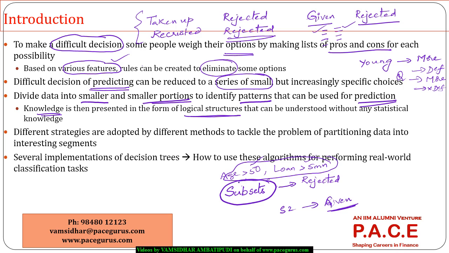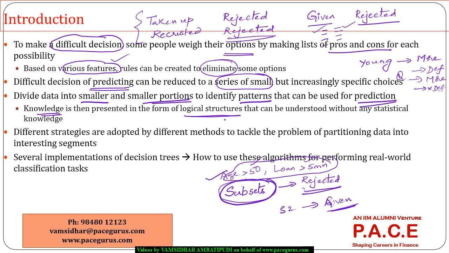That is the subset of these people. And the majority of the people within this subset have historically defaulted on the loan. So it's better that I reject the loan for him. So the knowledge that we are gaining from the various subsets, we are trying to create in the form of logical structures. So there is no statistics, there is no hypothesis testing, none of these things in the process.